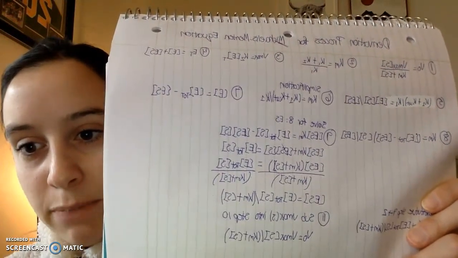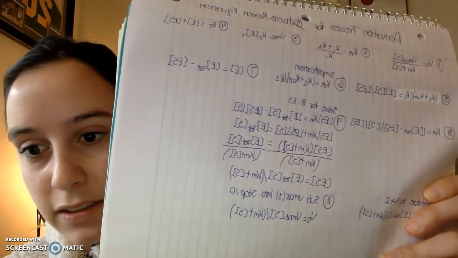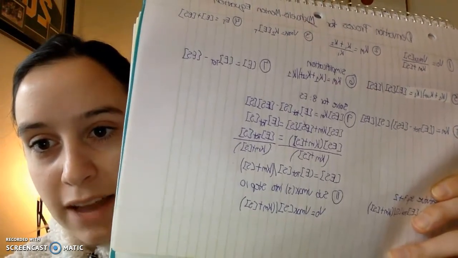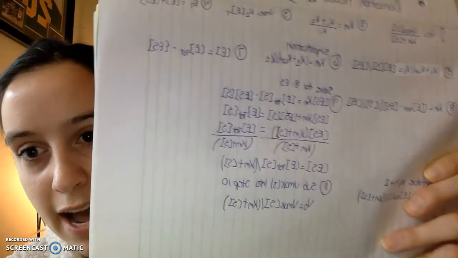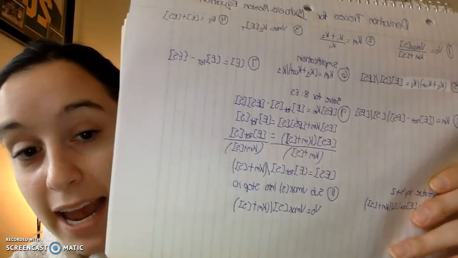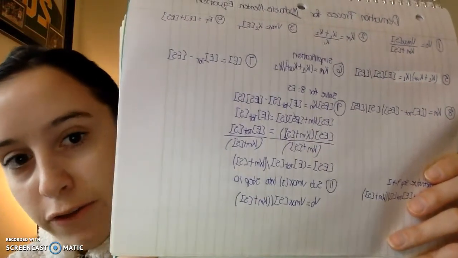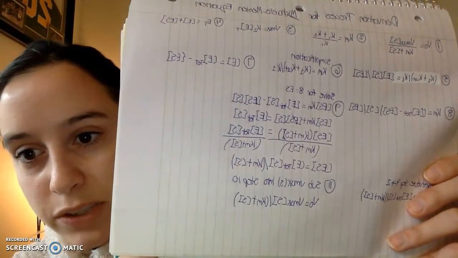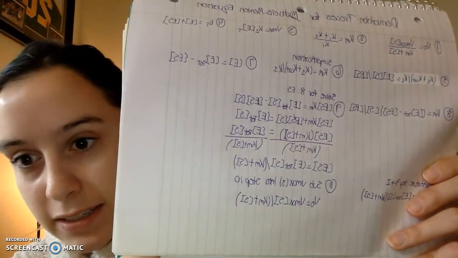So you have ES on both sides, then collect the terms containing ES on the left. And then you factor ES from the left-hand terms. And then after that, you divide both sides by Km and S. And so for step 9, your answer should be ES equals E total times S divided by Km plus S.